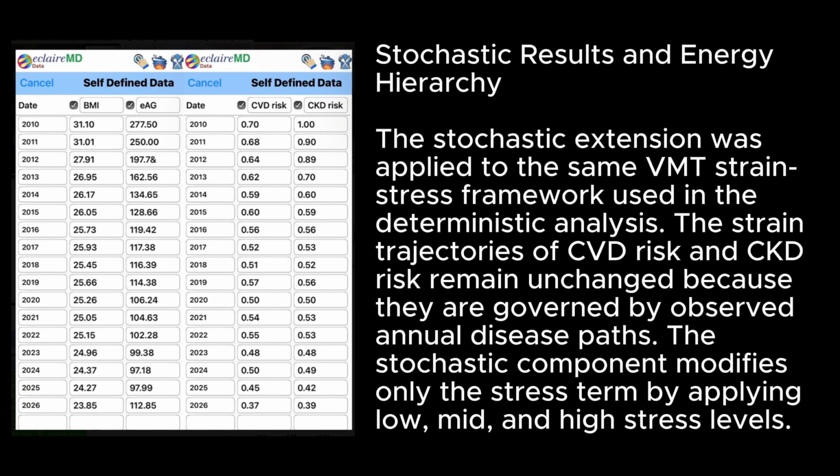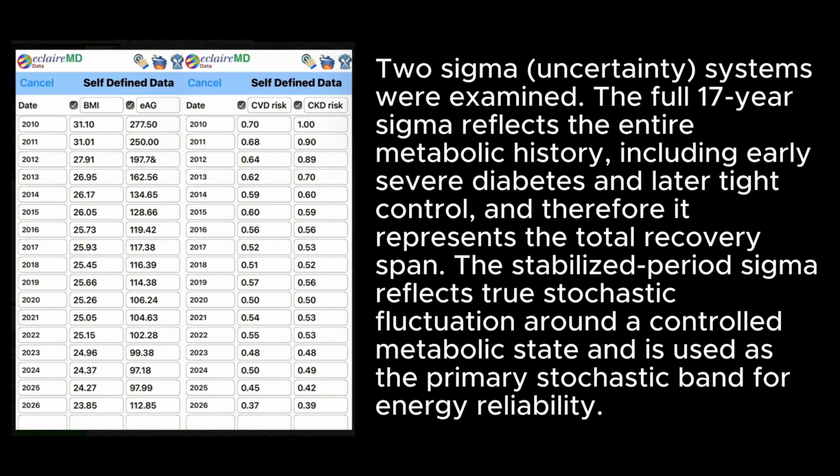The stochastic extension was applied to the same VMT strain stress framework used in the deterministic analysis. The strain trajectories of CVD risk and CKD risk remain unchanged because they are governed by observed annual disease paths. The stochastic component modifies only the stress term by applying low, mid, and high stress levels to sigma uncertainty systems where examined.